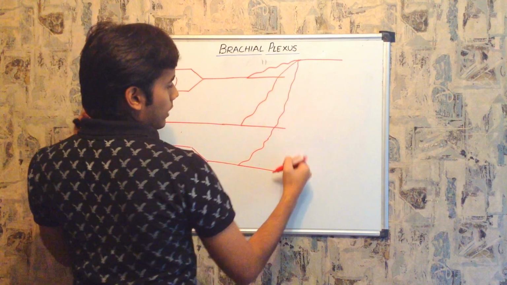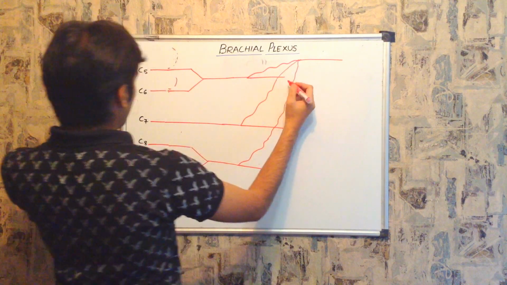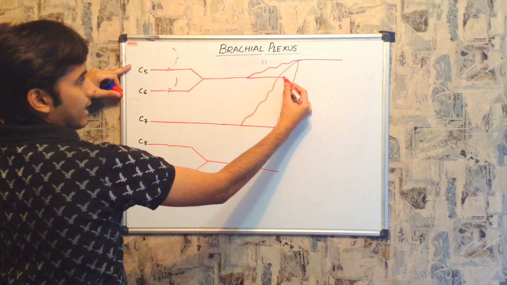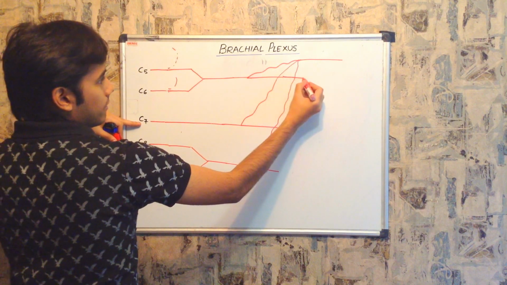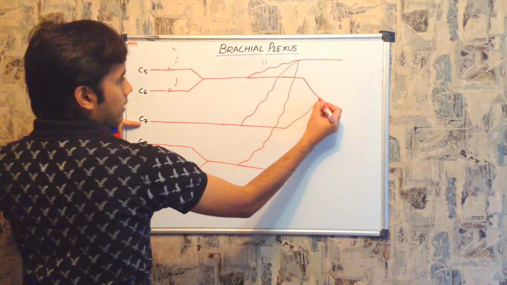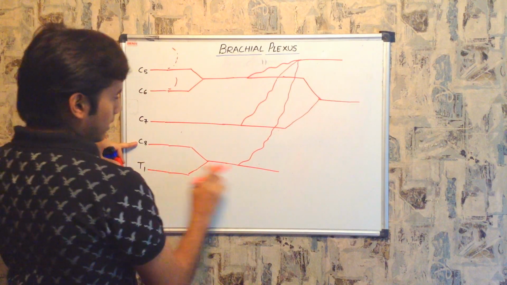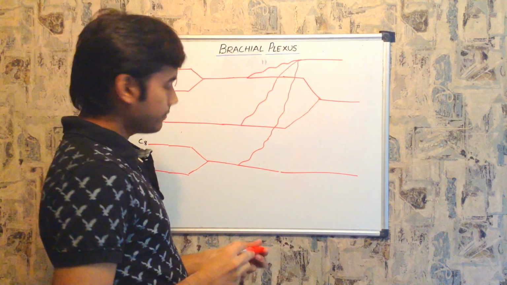Now we'll look at the anterior parts. So these are the anterior parts. This is the anterior part of C5, C6 and this is the anterior part of C7. So both of them together form the lateral cord, and next C8 and T1 together form the medial cord.